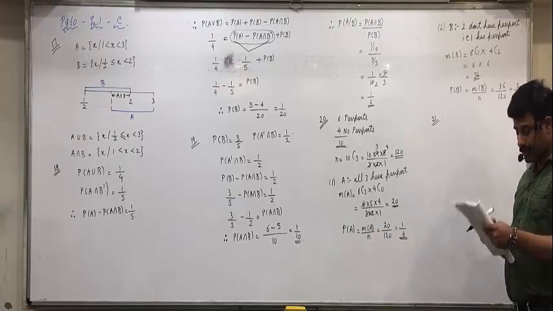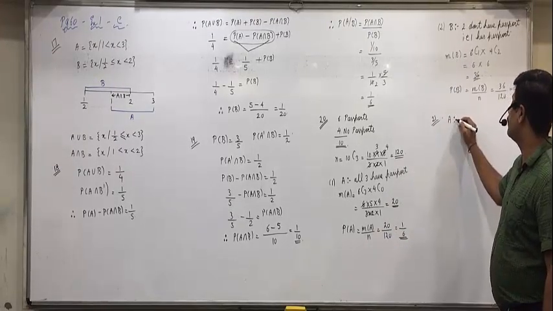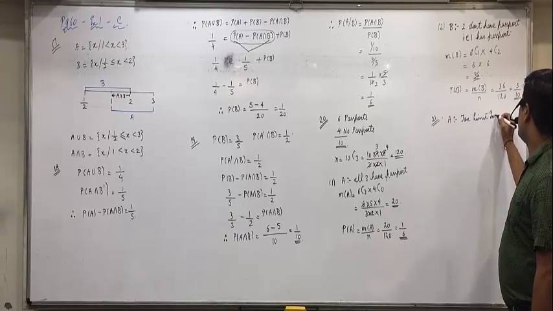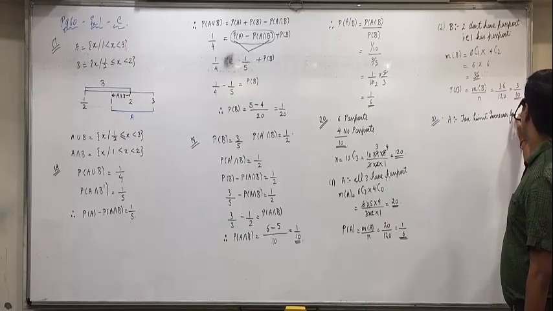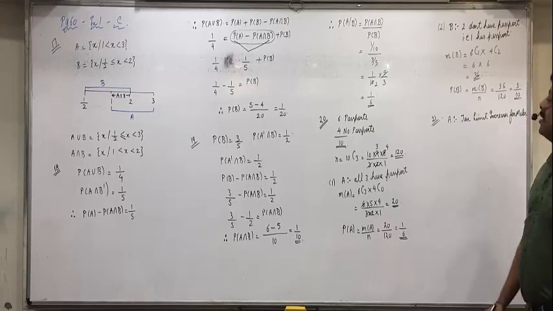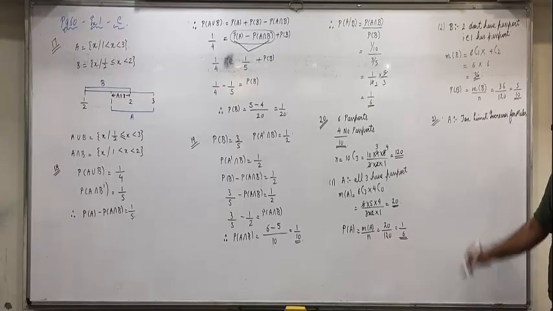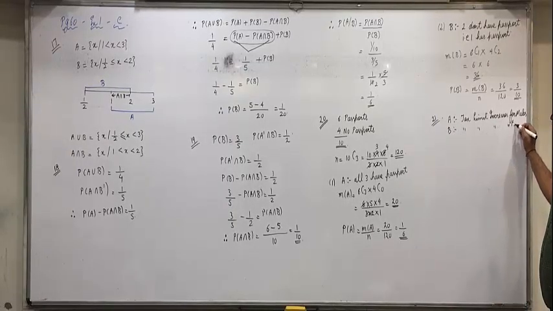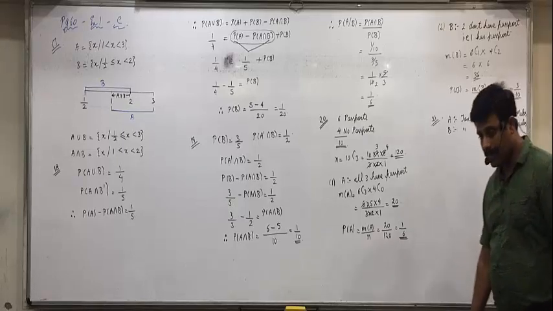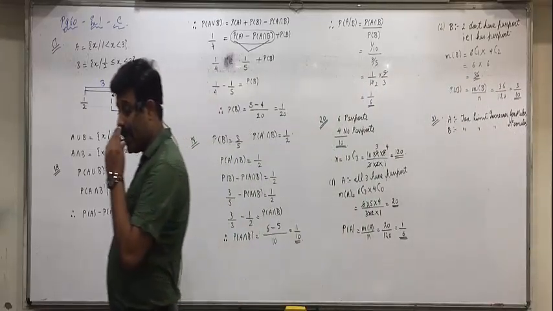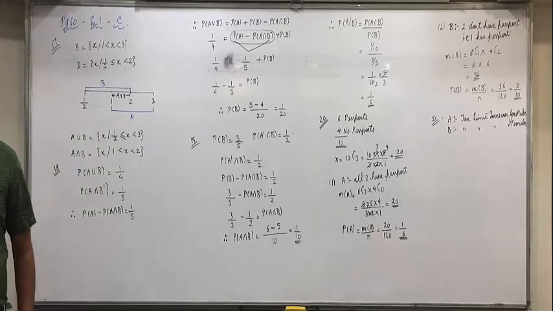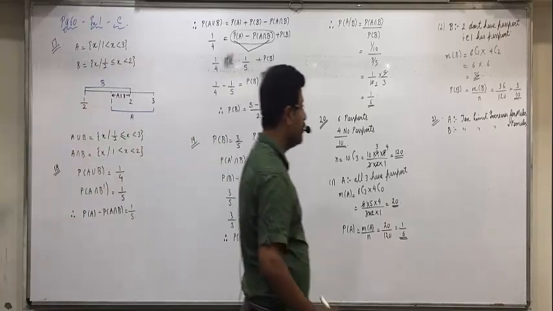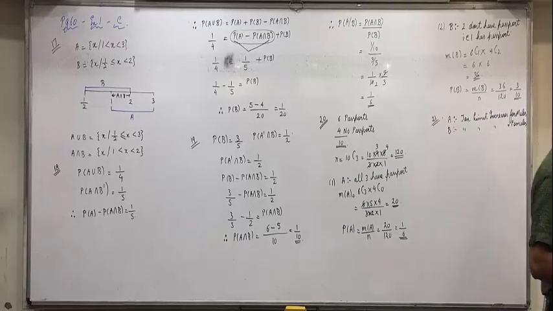So write down. Let event A be the event that tax limit increases for males. Let event B be the event that tax limit increases for females.